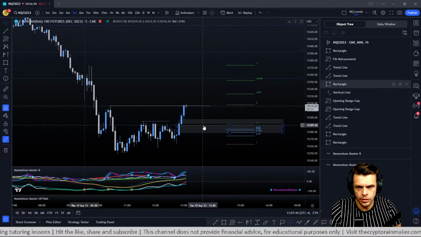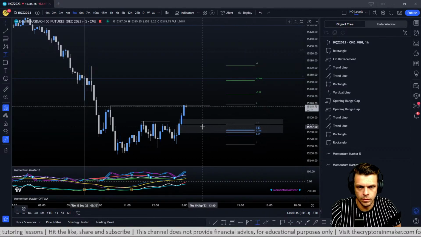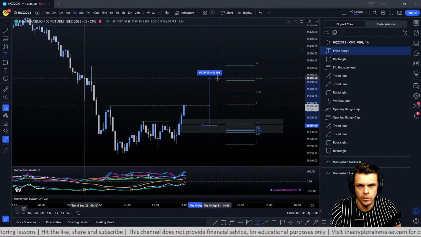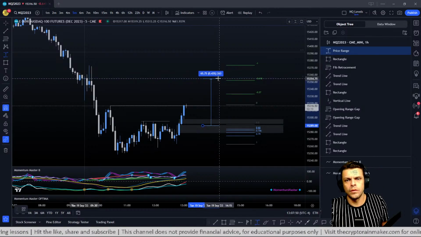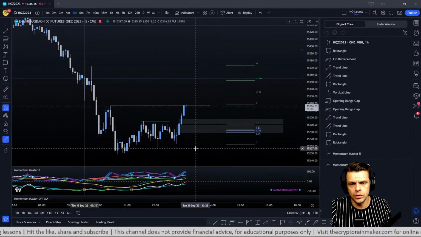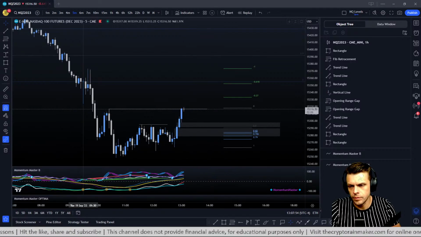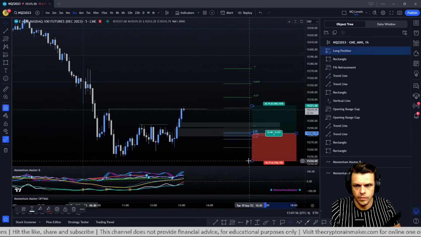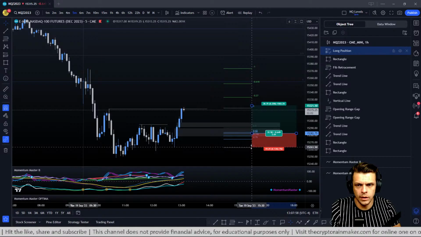So potential entry from this imbalance. The start of the gap is about 65 points. It'll stop right at that low.